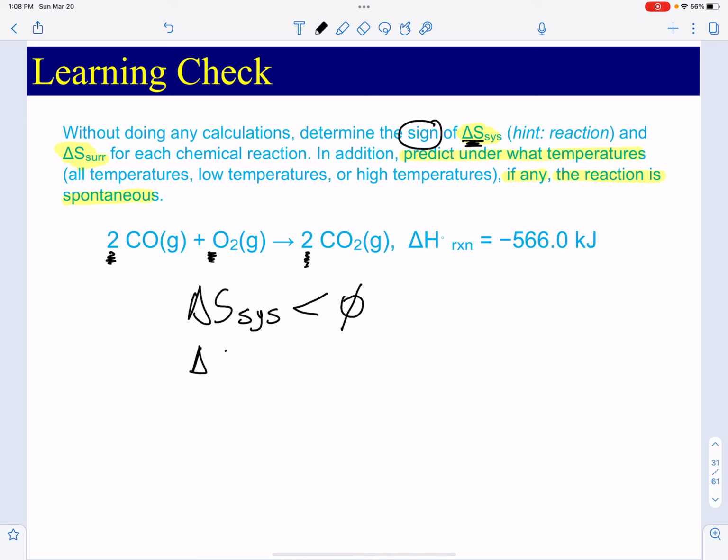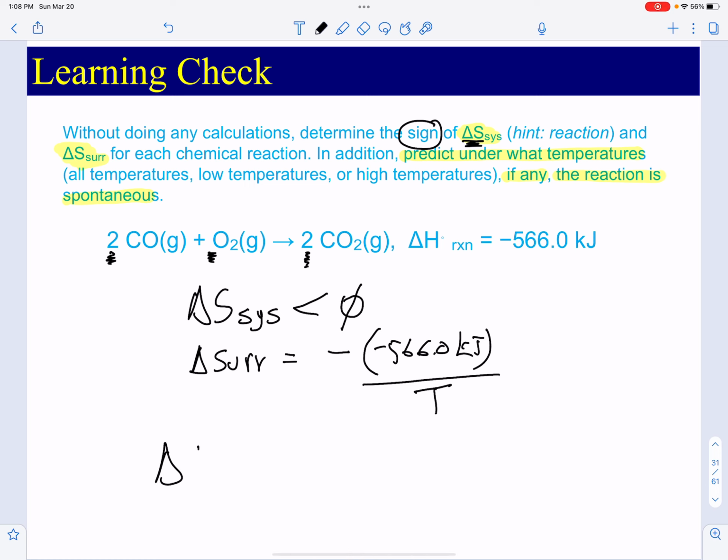The entropy of the surrounding is going to be equal to minus delta H over the T. And the problem doesn't give us any temperature, right? But what do we know?